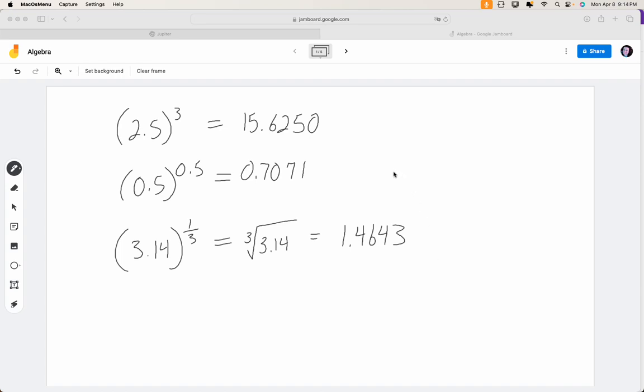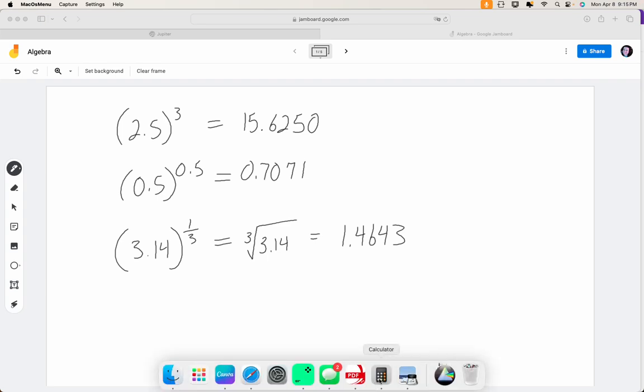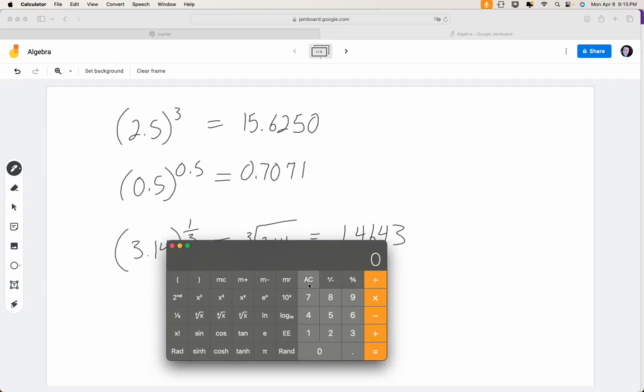Okay, in this problem, you've got 3 questions. You've got 2.5 cubed. Let's pull up my calculator. I'll show you. You just say 2.5 exponent 3. 15.625. All right, and then 0.5 xy, 0.5. And we just want 4 decimal places, so we stop here behind the 1.